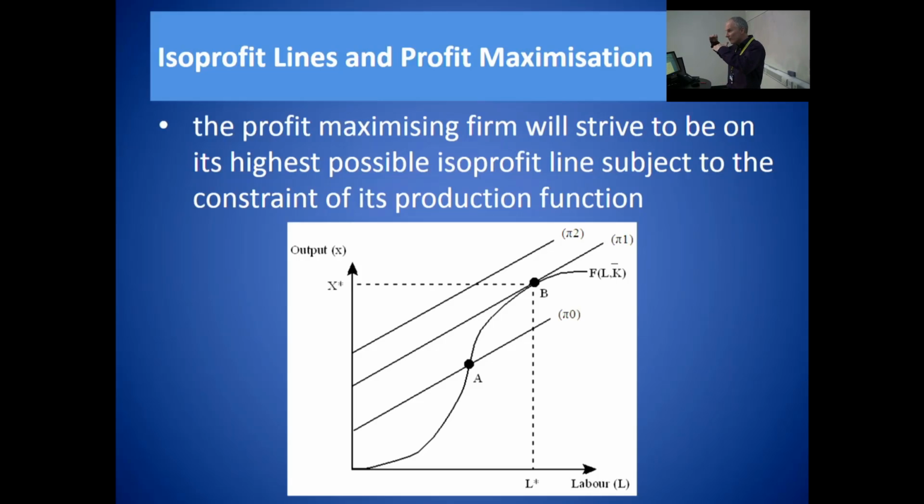That they're getting higher and higher and higher. Therefore, the firm's profits must be increasing. And this process will continue until the firm has moved from point A to point B.